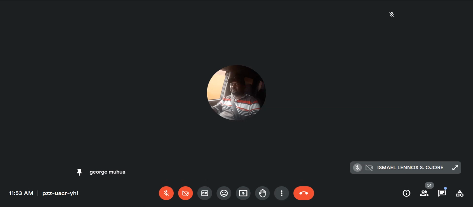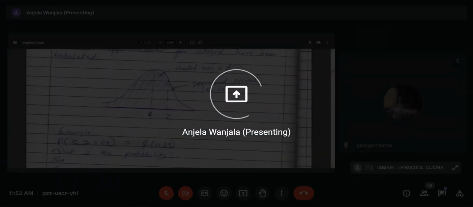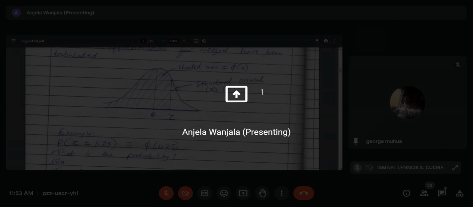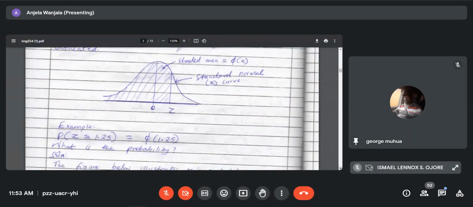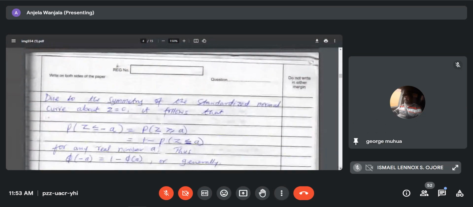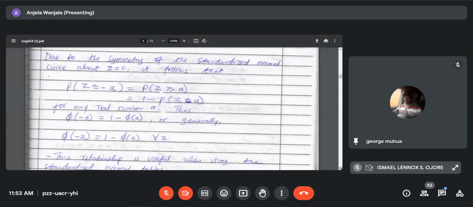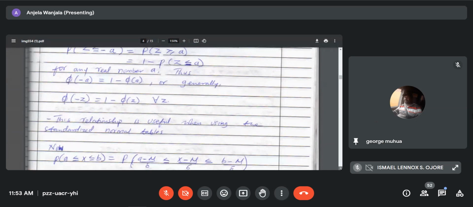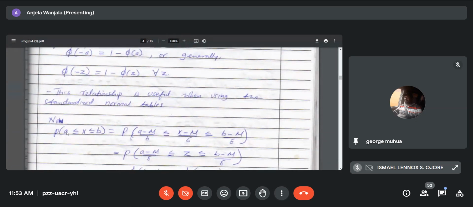For example, if X is ranging from A to B, then how do we find the Z score?